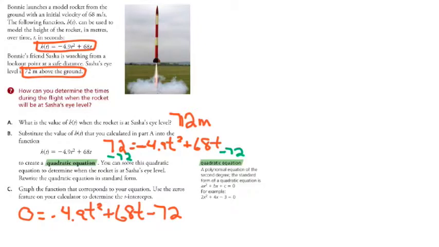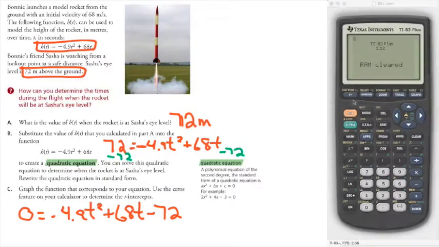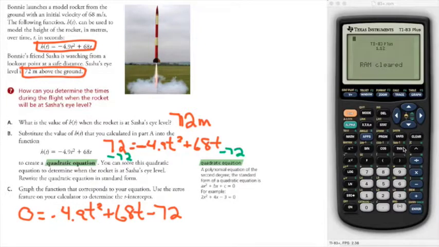At this point, we can turn our attention to the calculator. Turn it on. If you want to do a reset, it's second plus 712. And we need to enter the equation. So we'll go to y equals. Now, we're not going to enter the 0. That's for the y. We're going to enter everything on the other side of the equals sign.